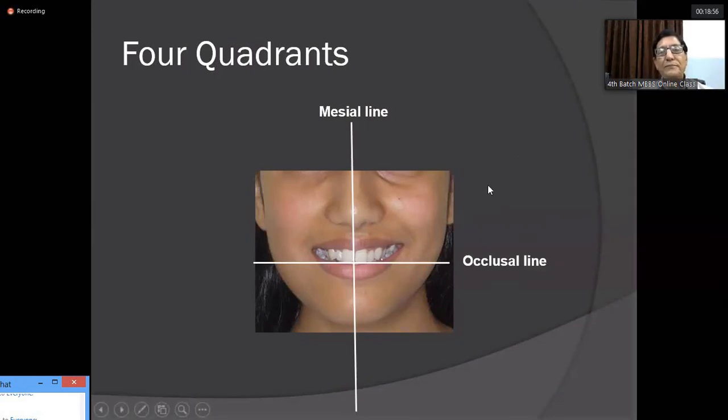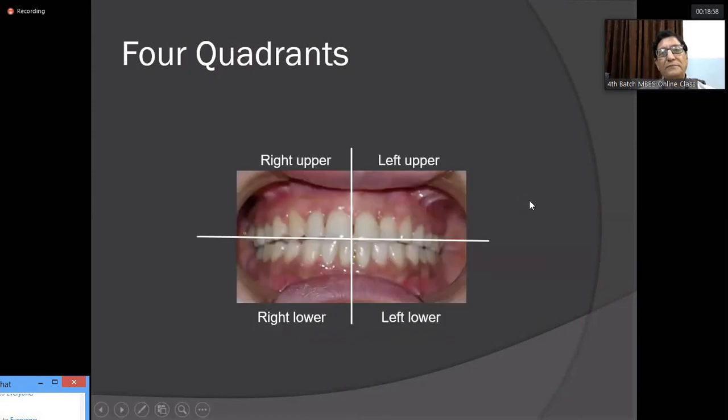Now we are taking those 2 lines into the oral cavity. Now we have teeth here. These are maxillary teeth. These are mandibular teeth. When you divide them with the help of these 2 lines, this is the right upper quadrant, this is the left upper quadrant, left lower quadrant, right lower quadrant.